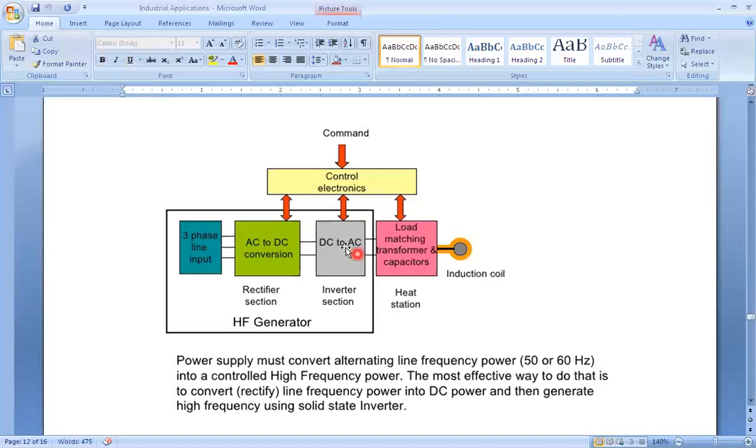So by increasing the frequency through this inverter, that increased frequency we are giving to the induction coil. But here we have to use one transformer and a capacitor to match the load requirement of the induction coil, right? So that it creates the proper required voltage as well as it matches the load value.